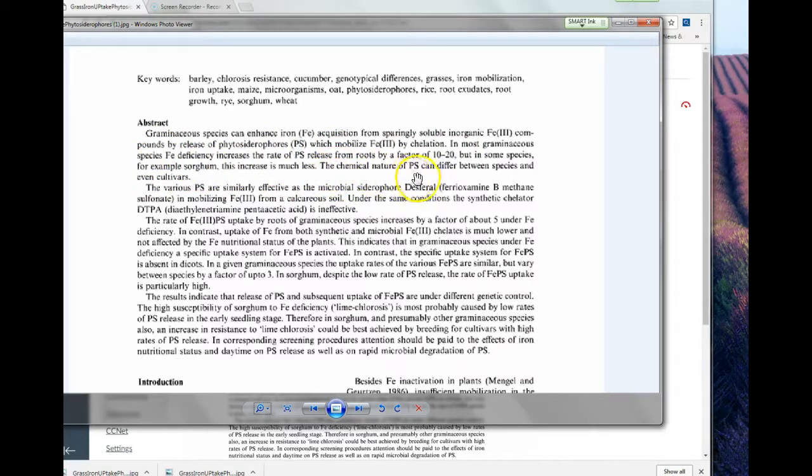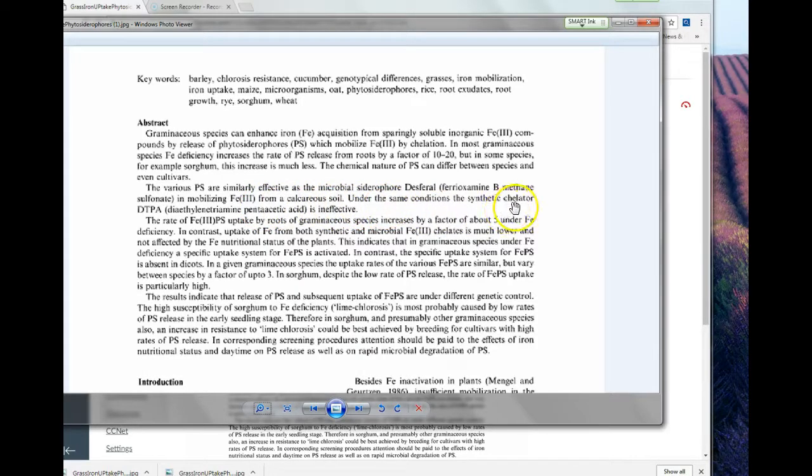So the nature of those phytosiderophores can differ between species and even cultivars. The different phytosiderophores are similarly effective as the microbial siderophore desferal, ferrioxamine B methane sulfonate, in mobilizing Fe3+ from a calcareous soil.